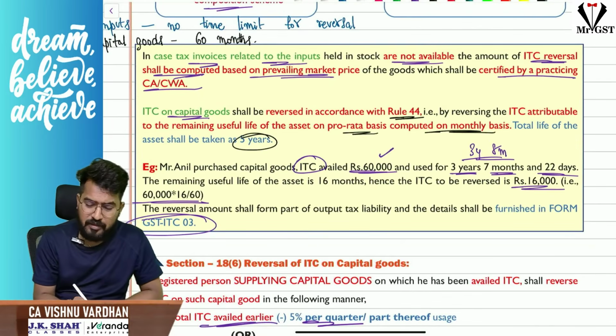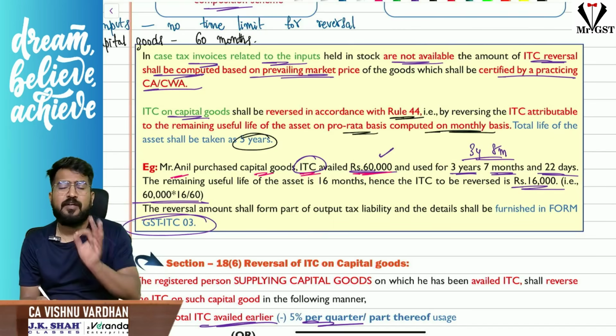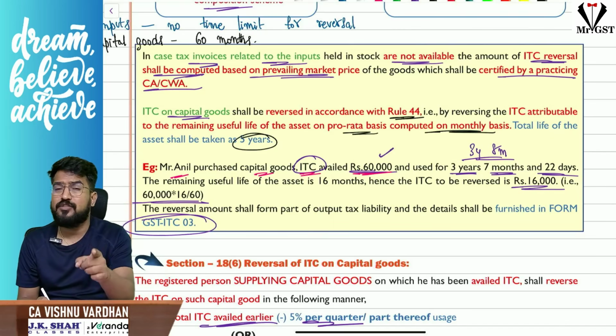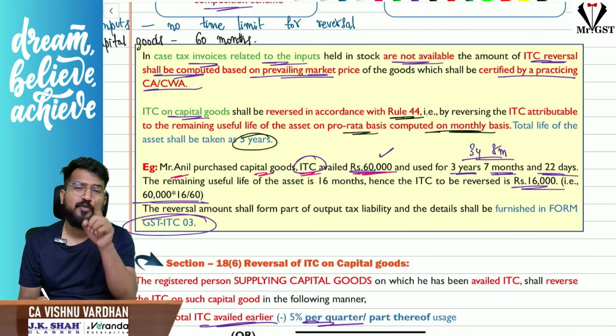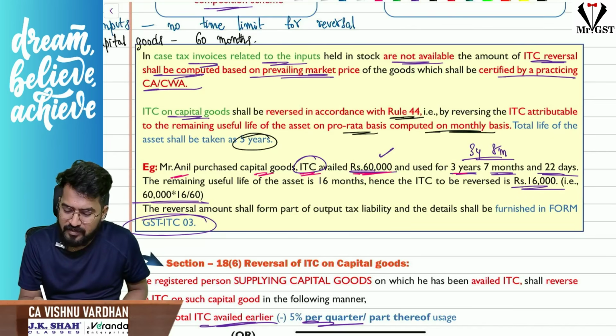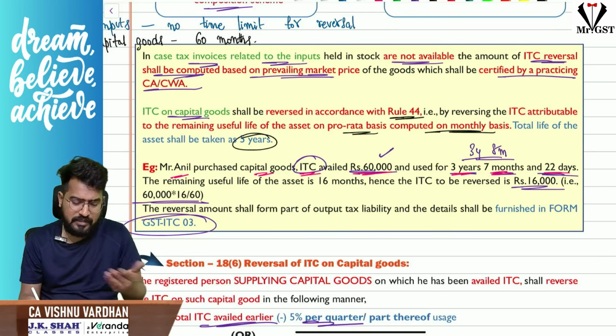For example, Mr. Anil has purchased the capital goods and availed ITC of 60,000. Now, the 60,000 I gave you as ITC, believing that you will use this capital good for 60 months. Now, what happened after 3 years, 7 months, and 22 days?